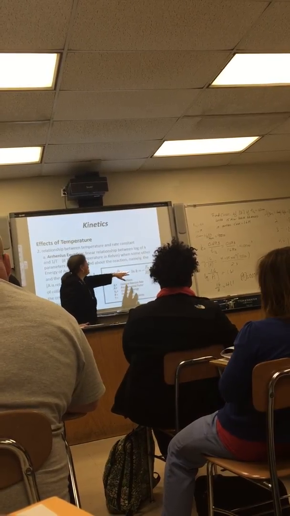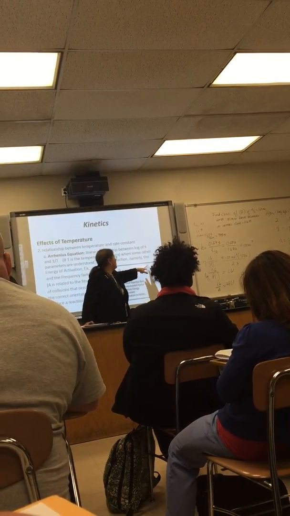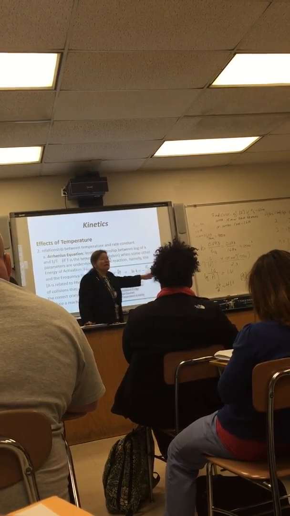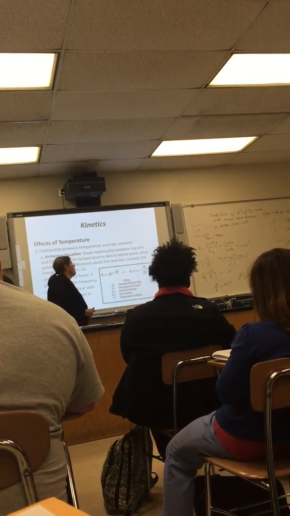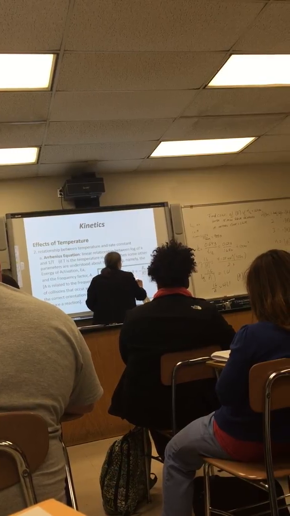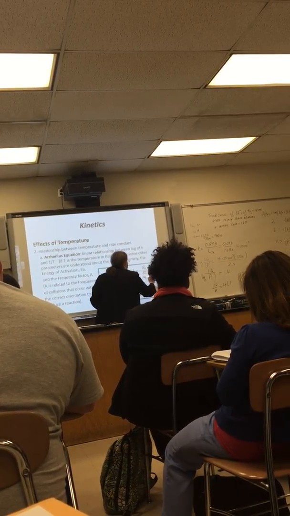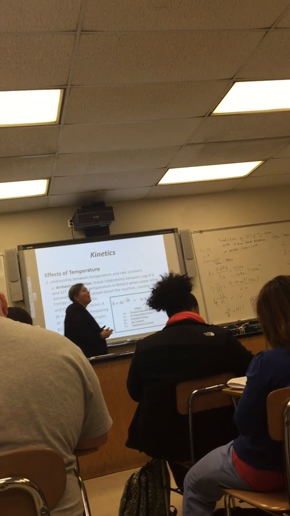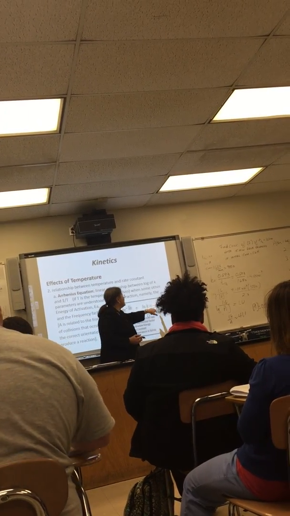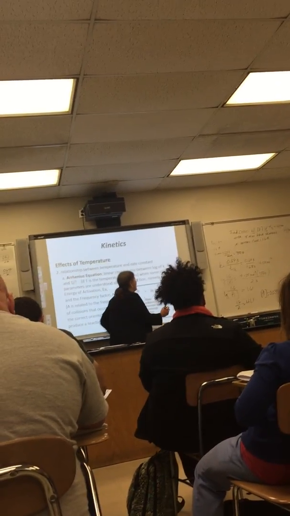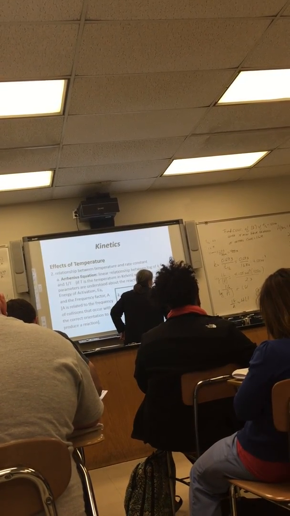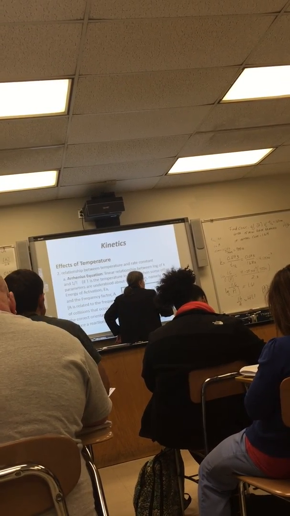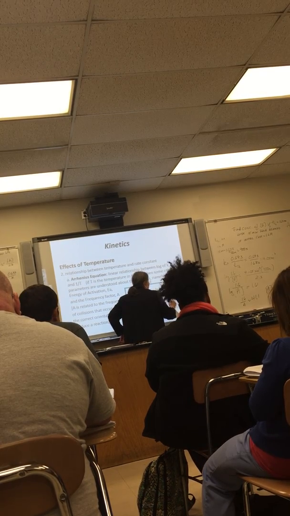If you take the log of each side, then you have the natural log of k equal to minus Ea over RT, which is good because now it's in the form of an equation of a straight line, y equals mx plus b, where the natural log of A would be the y-intercept, the slope would be minus Ea over R, and x would be 1 over T. So this is 1 over the temperature in Kelvin, and m would be minus energy over R.